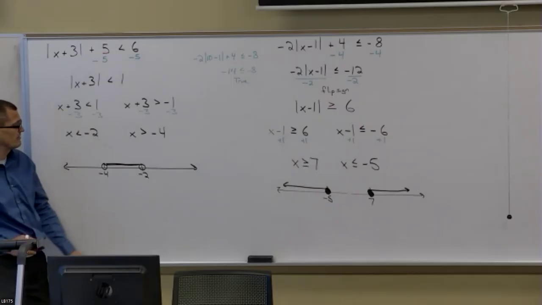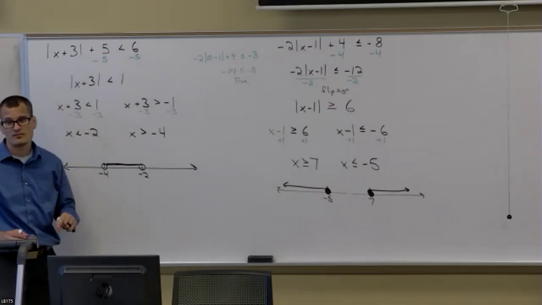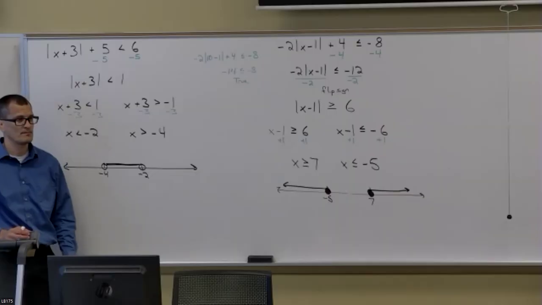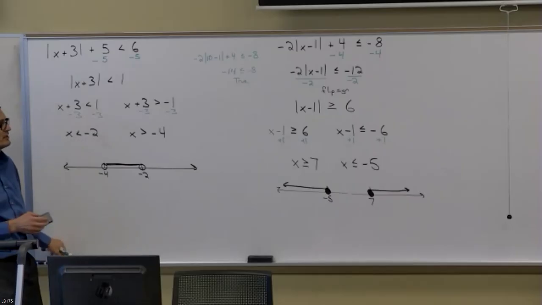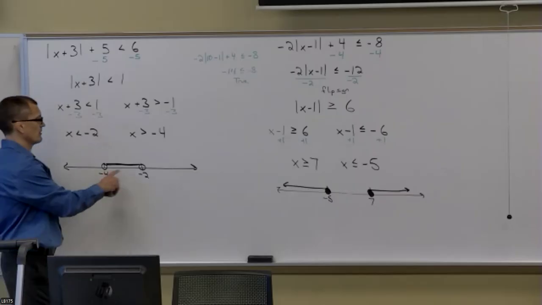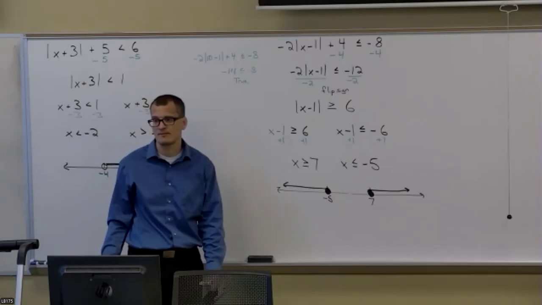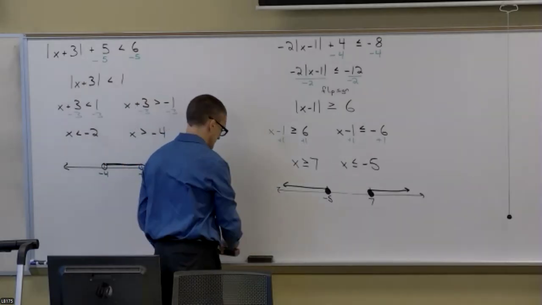Or if you'd have picked a 0, you would have ended up with something that's false. So you don't shade where 0 is. Okay with that? So if you're ever in doubt, just pick a number, test it, see if you get a true statement or a false statement. You should shade where the true statements are, not shade where the false statements are.